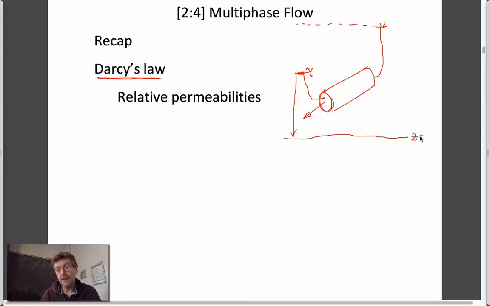Z equals 0, that this here is equal to Z2, this is equal to H2, which is equal to whatever the pressure is at the bottom divided by the unit weight of water.